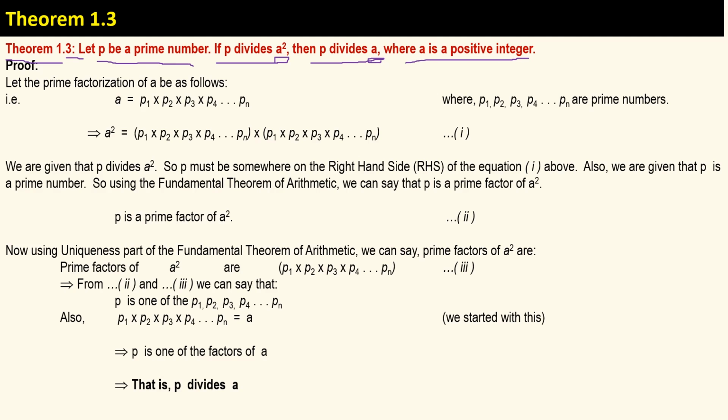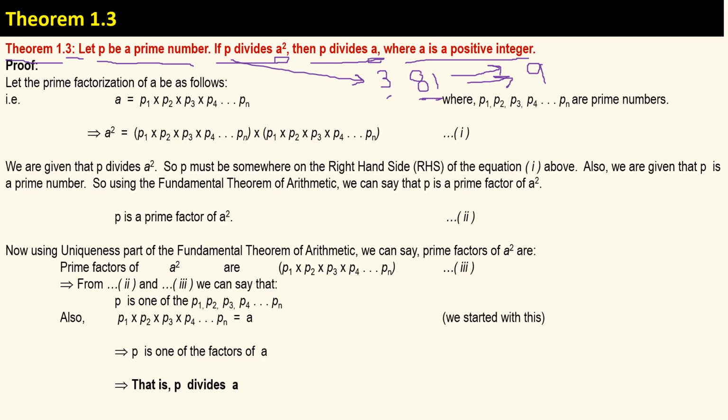For example, if we consider two numbers 3 and 81, then the theorem says that if 3 divides 81, then 3 will also divide the number 9, because the square of 9, 9 multiplied by 9, is equal to 81, and if p, that is number 3, is dividing a square, that is 81, then it will also divide the number 9.